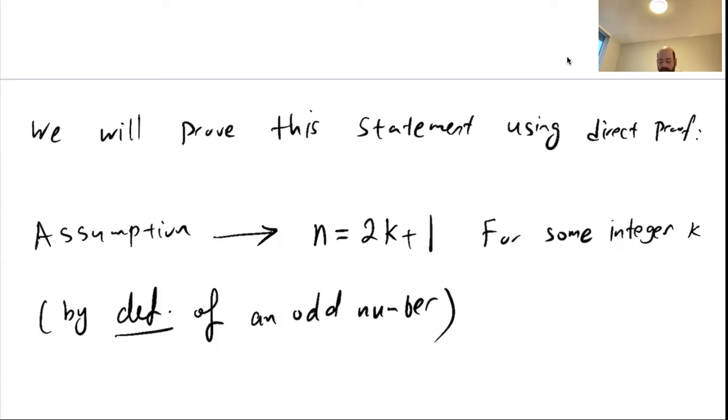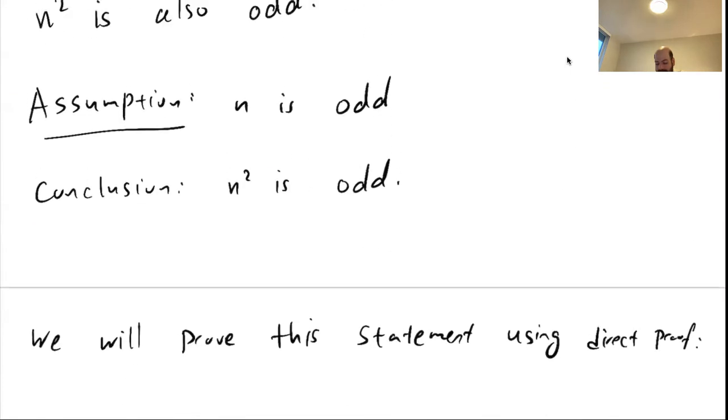So we started with the assumption, used the definition, and concluded that n is of the form 2k plus 1. Now, please remember, when you're writing your proof, you always have to have in mind what you want to reach at the end. At the end, I want to reach my conclusion, which is that n squared is odd. Based on your goal, you can decide what you have to do in the middle.